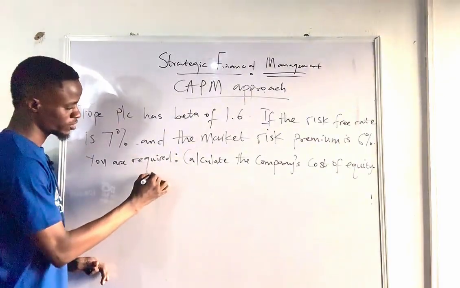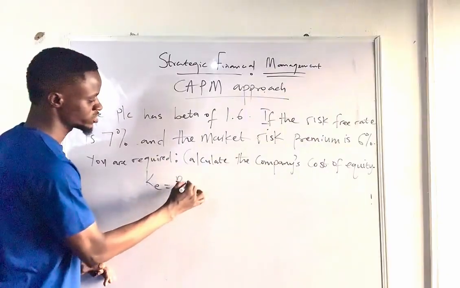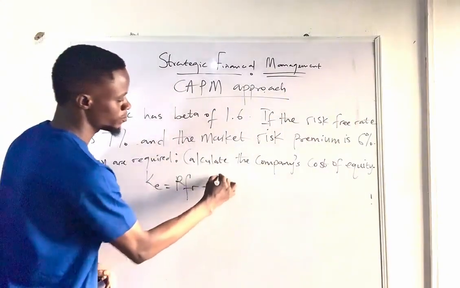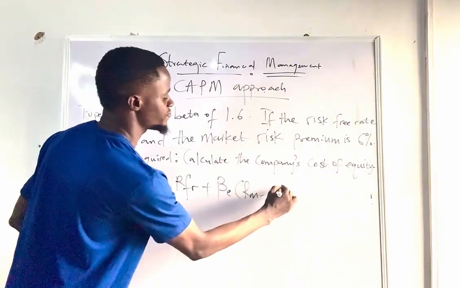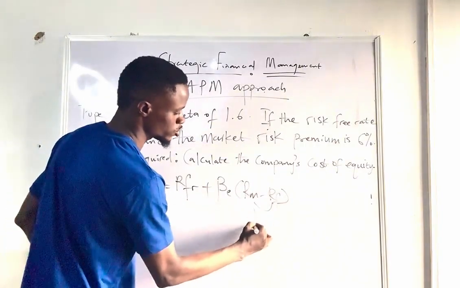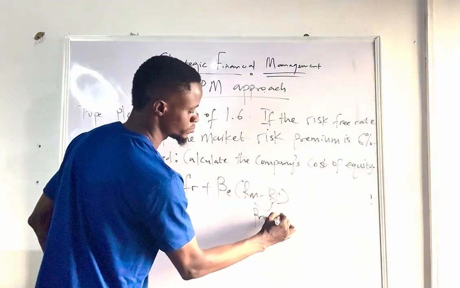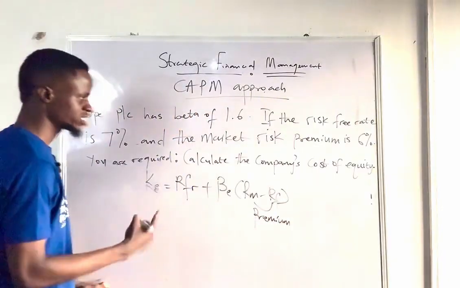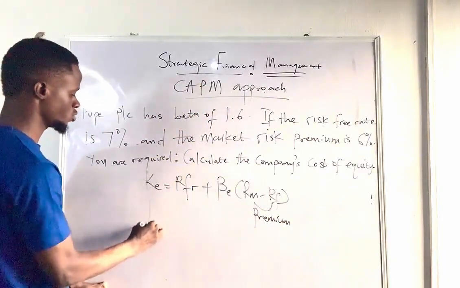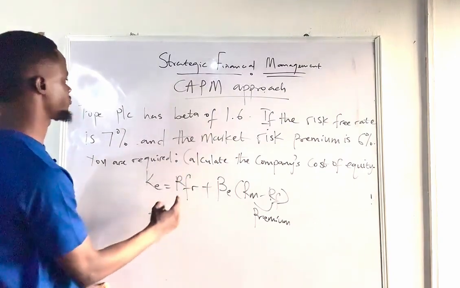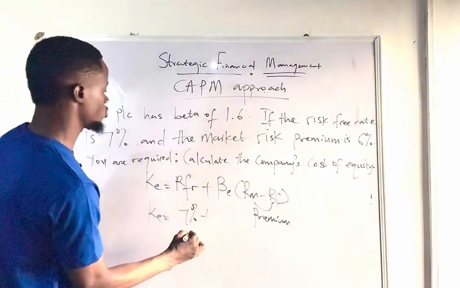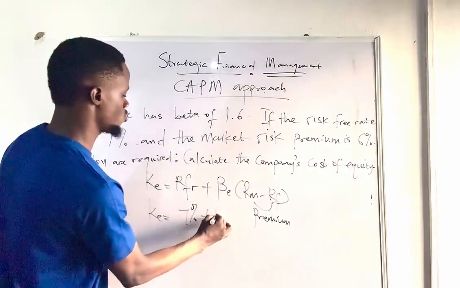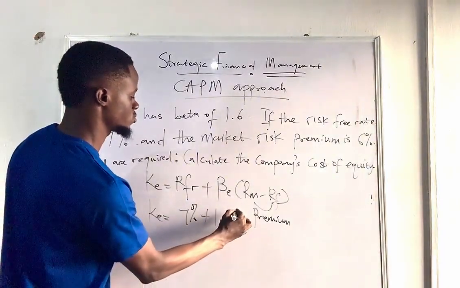So cost of equity using the CAPM approach is risk-free rate plus beta equity times (RM minus RF), and the difference between these is called the market premium, or premium. So what is the risk-free rate? The risk-free rate is 7% plus what is the beta equity? 1.6 in brackets.